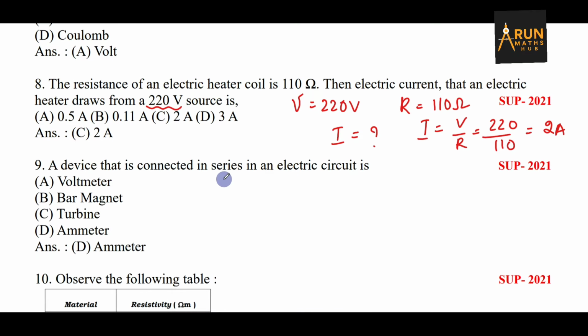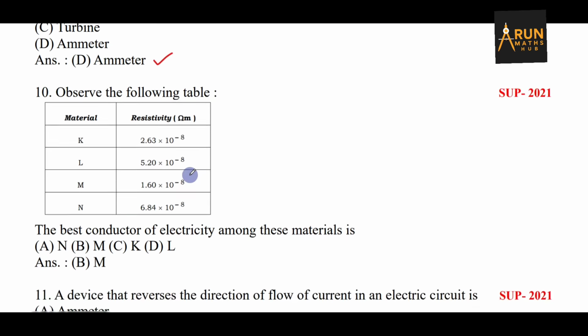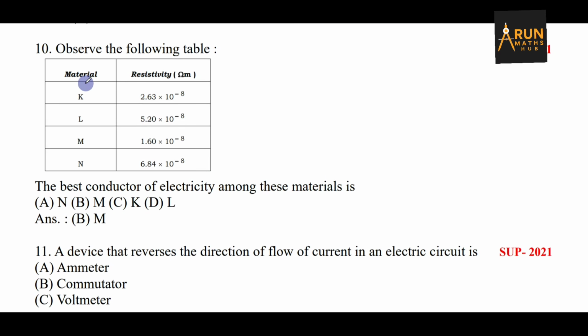The device that is connected in series in an electric circuit is always ammeter. The device which is connected in parallel is voltmeter. Observe the table. Material K has resistivity 2.63 into 10 power minus 8. L has resistivity 5.20 into 10 power minus 8. M has resistivity 1.60 into 10 power minus 8.